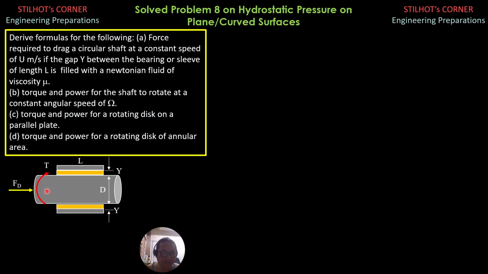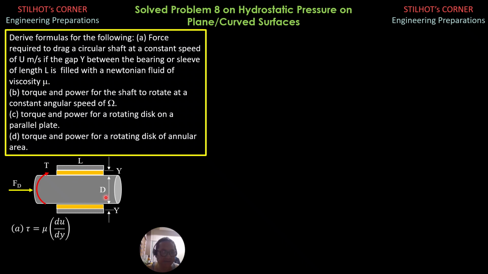From Newton's law of viscosity, shear stress is mu times du/dy, but this derivative of velocity with respect to distance y can be replaced by capital U over thickness Y because the fluid is Newtonian. Shear stress, on the other hand, is the drag force divided by the contact area or shear area. The shear area, the surface area of a right circular cylinder, is the circumference, because it looks like a rectangle, times length.